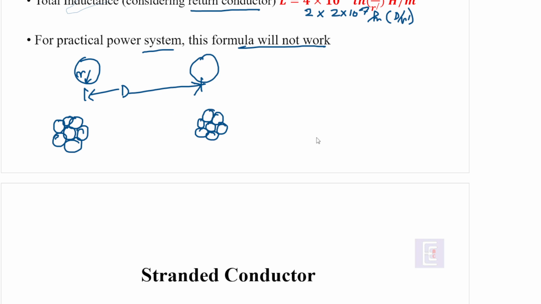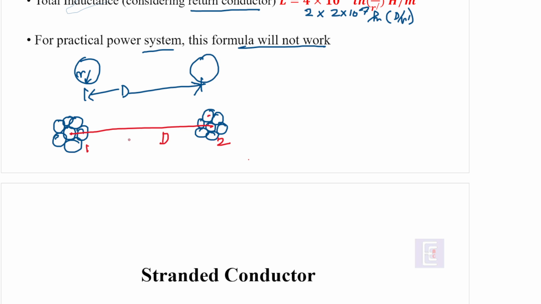Now let us say we have a central conductor here, conductor number 1, and this is conductor number 2. Let us say from central conductor 1 to central conductor 2, this distance is d. And let us choose another conductor.